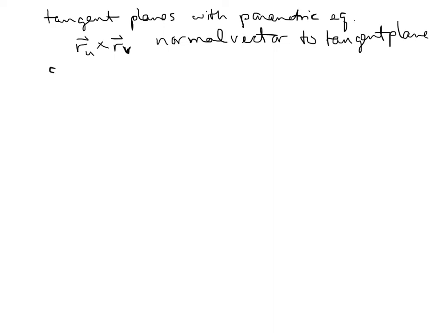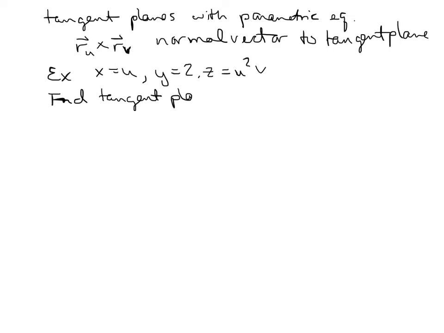Okay, so here's an example. Let's just say that x is equal to u, y is equal to 2, and z is equal to u squared v. Let's find the tangent plane at the point 1, -1, 1.